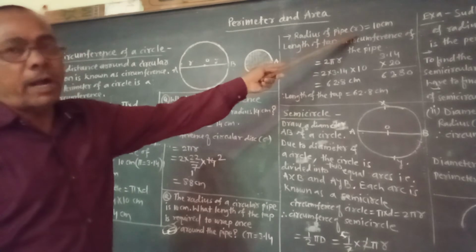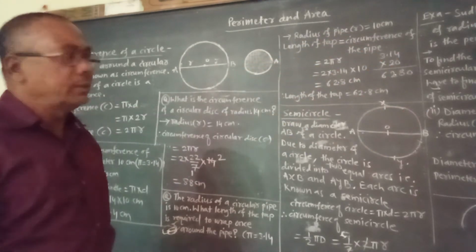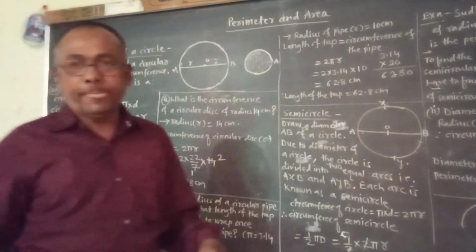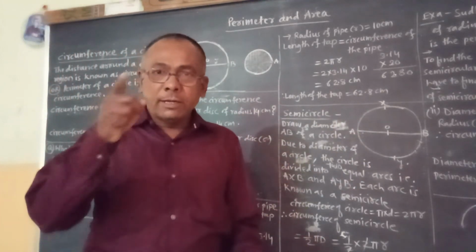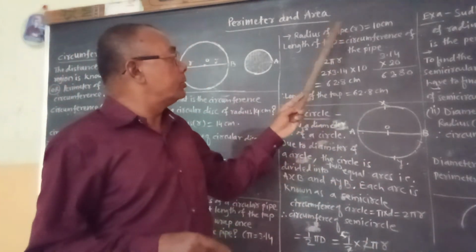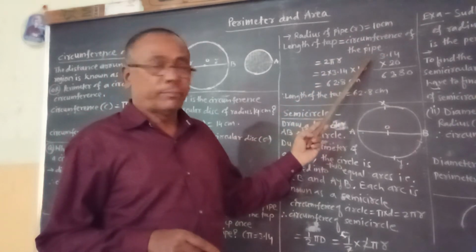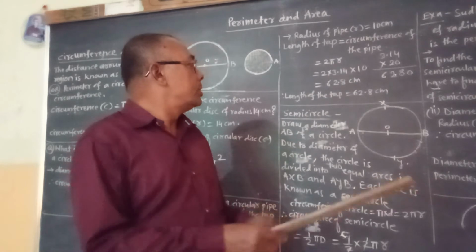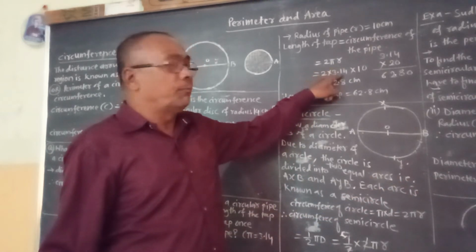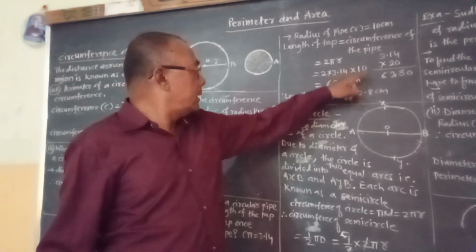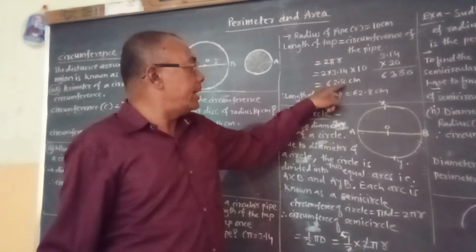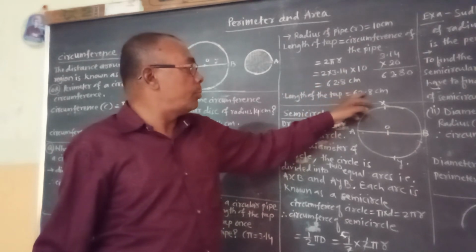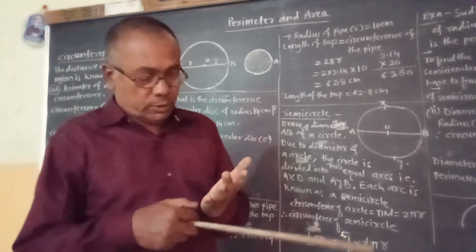Radius of a pipe r is equal to 10 centimeter given, and therefore we know that length of the tape is equal to circumference of the pipe, and therefore that will be 2 pi r, means 2 into 3.14 into 10, and the product is 62.8 centimeter. So length of the tape is equal to 62.8 centimeter.